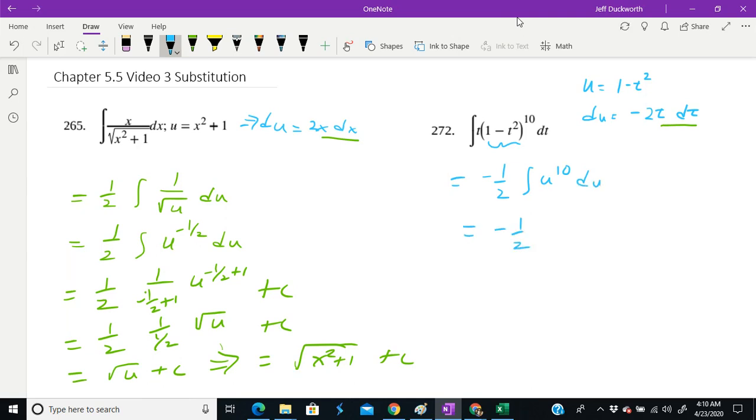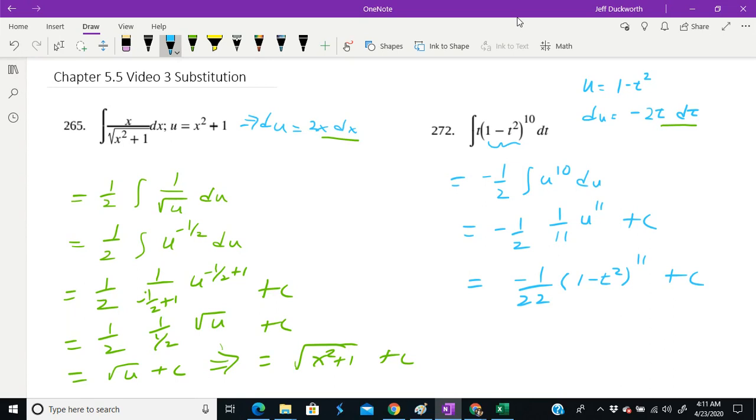So negative 1/2, that's 1 over 11, so 10 plus 1, u to the 11th. That's plus c. So negative 1 over 22, our u is actually 1 minus t squared, and that's to the 11th, plus c.